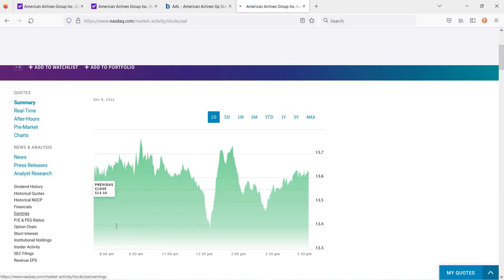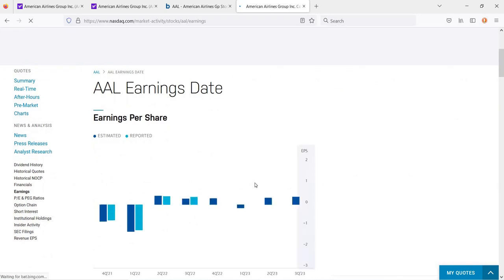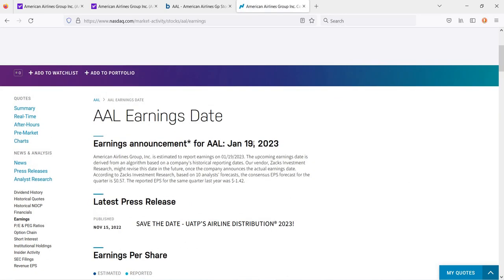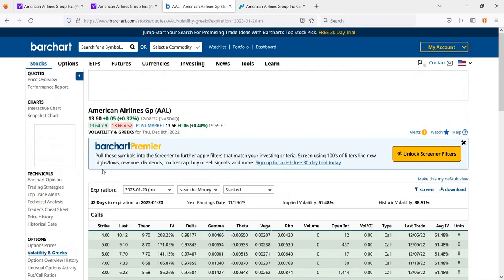Click on earnings. Takes a bit of time to load. Here we go. We see that the estimated earnings announcement is the 19th of January, which is 1 day prior to my expiration. That's not ideal.